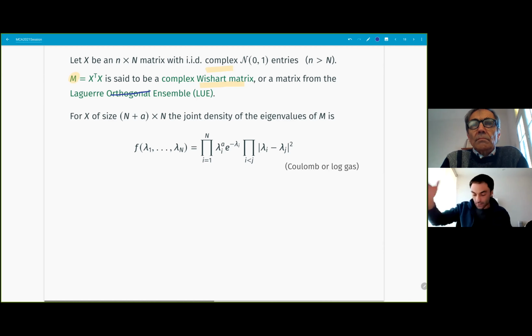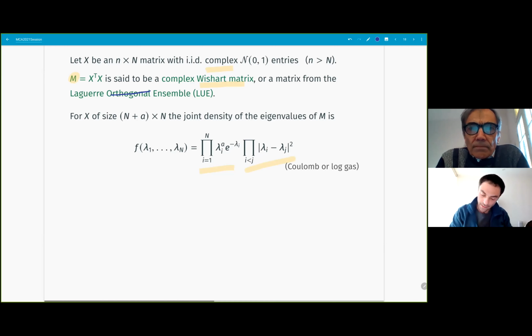And for all of these models that I have been talking about, you can compute the joint density of eigenvalues. This is a classical thing in random matrix theory. So if I compute a matrix like this M here, then the joint density is this product of lambda_i to the A e to the minus lambda_i, times this van der Monde determinant squared, which is what you always get in this sort of thing.